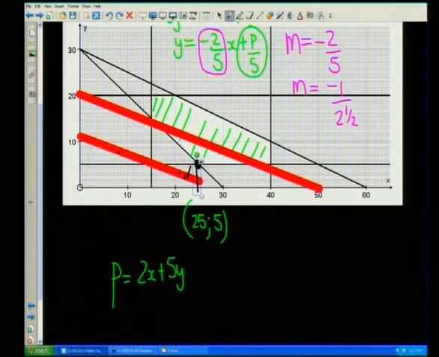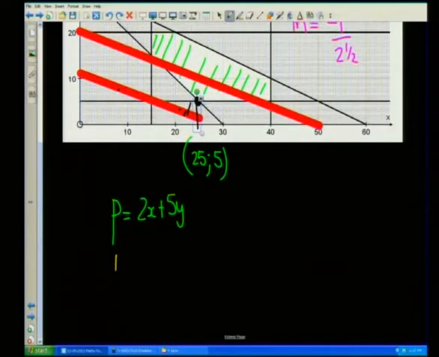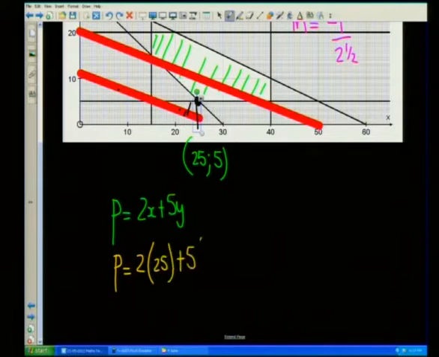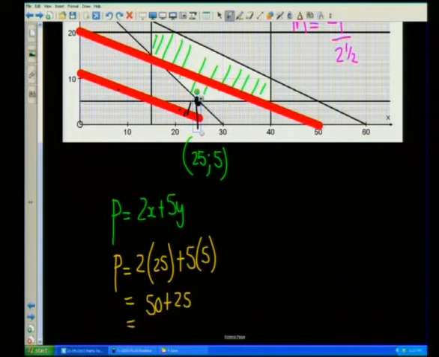So all I have to do now, guys, is substitute in. I'm going to get P is equal to 2 times 25 plus 5 times 5. That means I'm going to get 50 and 25. And so the minimum value that P can ever be is 75.